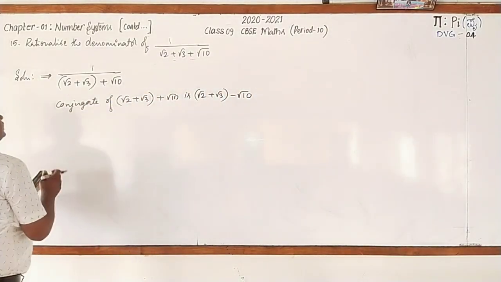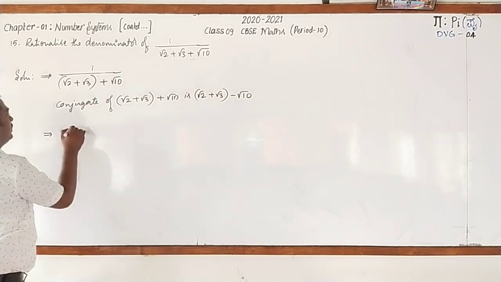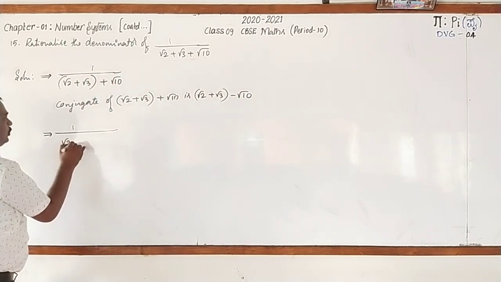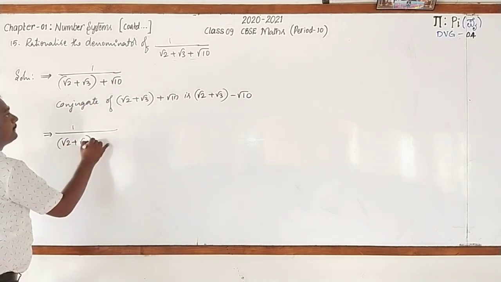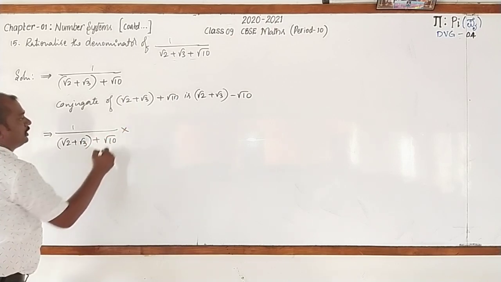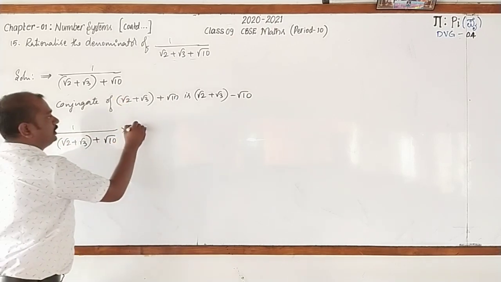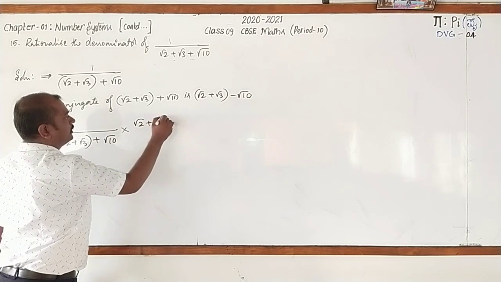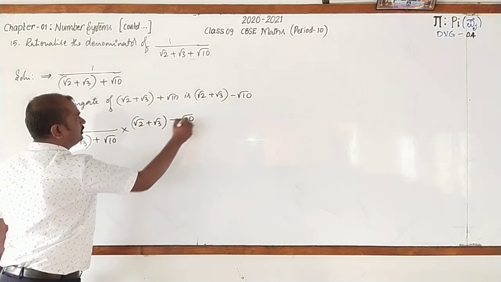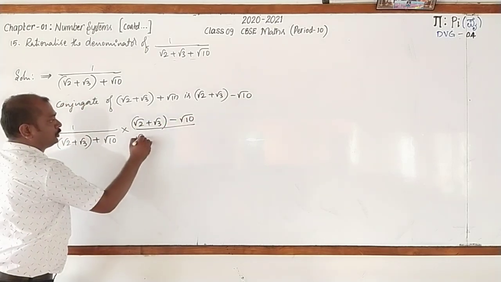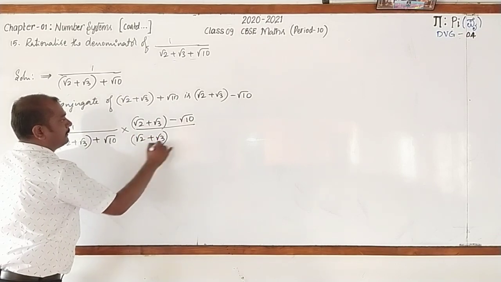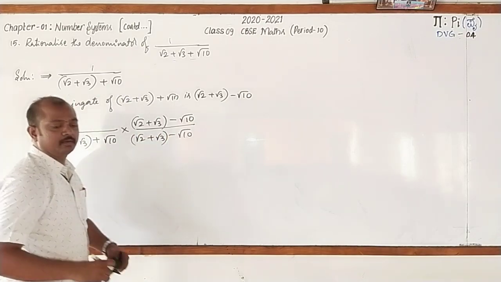Now let me write the given number. The given number is 1 by root 2 plus root 3 plus root 10. Now multiply the conjugate. It is root 2 plus root 3 minus root 10 whole divided by root 2 plus root 3 minus root 10.